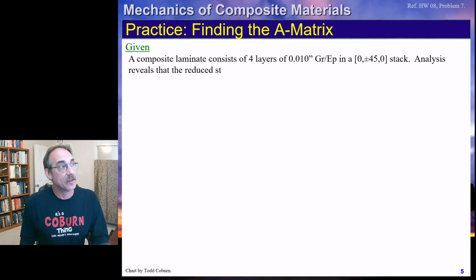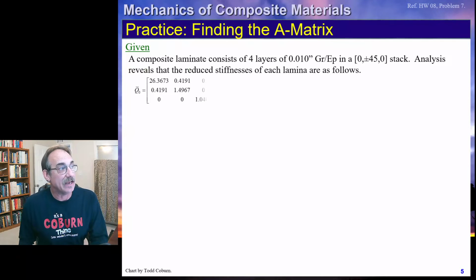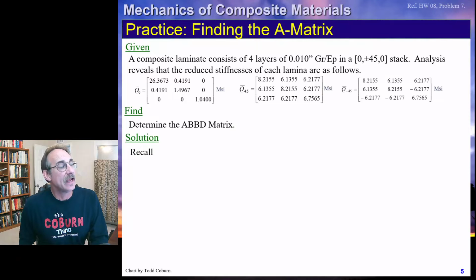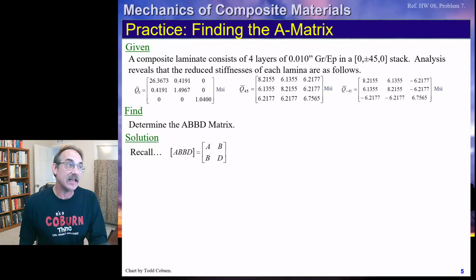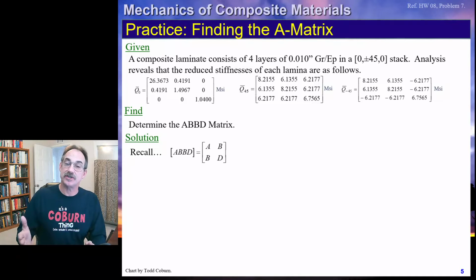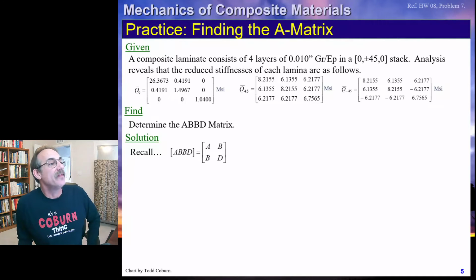So we saw how to calculate the A matrix. This was our Q bar. And now if we want to calculate the ABBD matrix, this is actually misidentified. We're finding the ABBD matrix now, which is our big matrix that we're going to use to relate stresses to strains and back again. That's just that augmented matrix of the ABBD.